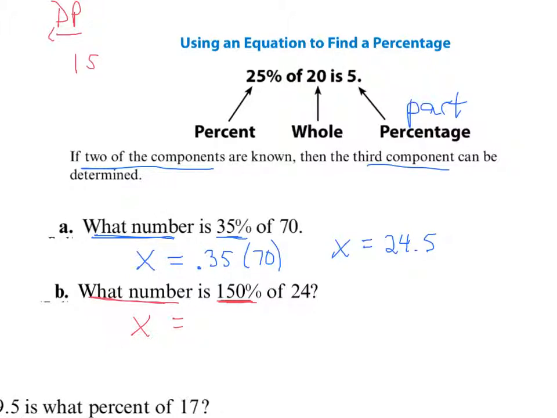So if this is 150%, you drop the percent sign and you move the decimal 2 places to the left. So 150% is 1.5. Of means to multiply, so we're going to multiply 1.5 times 24. And you get 36. So x is equal to 36. 36 is 150% of 24.